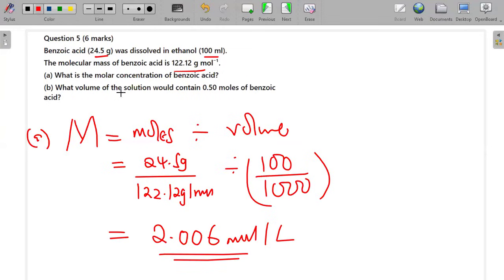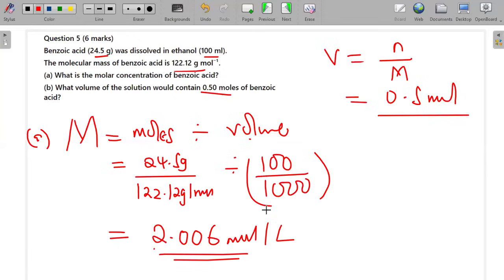And then part B, they're saying what volume of a solution would contain 0.5 moles of benzoic acid. Again, they've given us the moles, we have the concentration, we just want to find the volume. So from the previous question, we said volume is equal to the moles over the molarity. So the moles is 0.5 moles divided by the concentration here, which is 2.006 moles per liter.